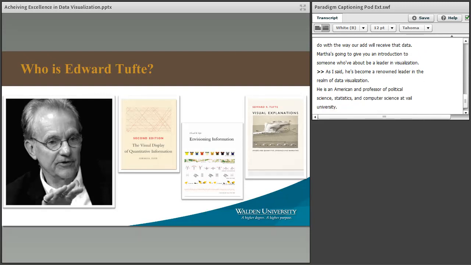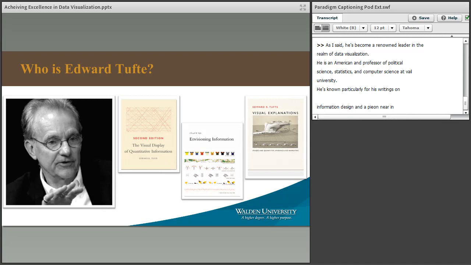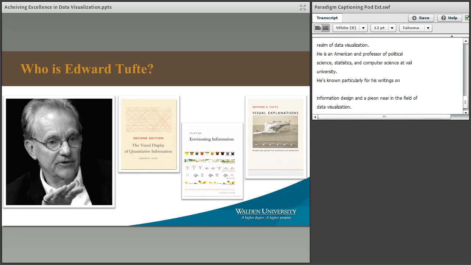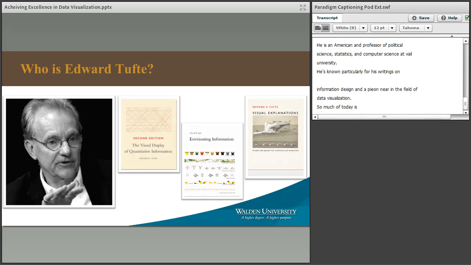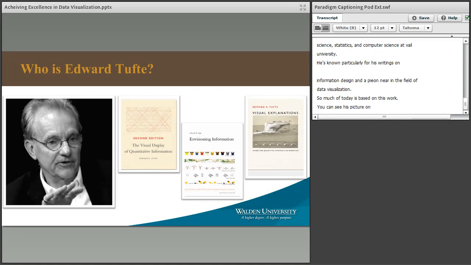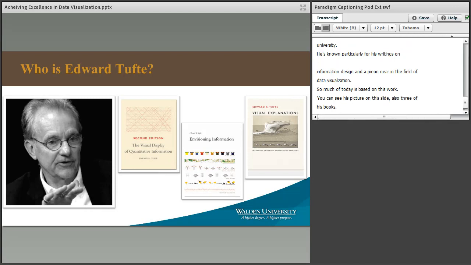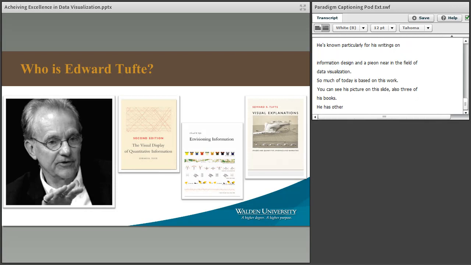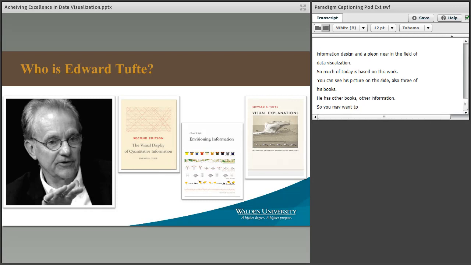He's known particularly for his writings on information design and is a pioneer in the field of data visualization. So much of what we'll be talking with you about today is based on Tufte's work. You can see his picture on the slide, also 3 of his books. He has other books and other information, so you may want to visit his website, and we'll provide you with that information later on.